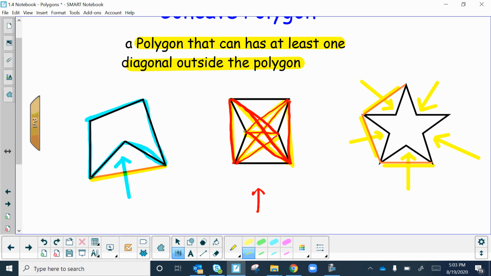Yes, so I was right. 8. Oh, wait, 9. I forgot that one right there. There's 9 diagonals in this concave polygon. What kind of polygon is this? It has 1, 2, 3, 4, 5, 6 sides. Concave hexagon. It has 9 diagonals. Let me make sure I got all of them. 1, 2, 3. 1, 2, 3. Yes.